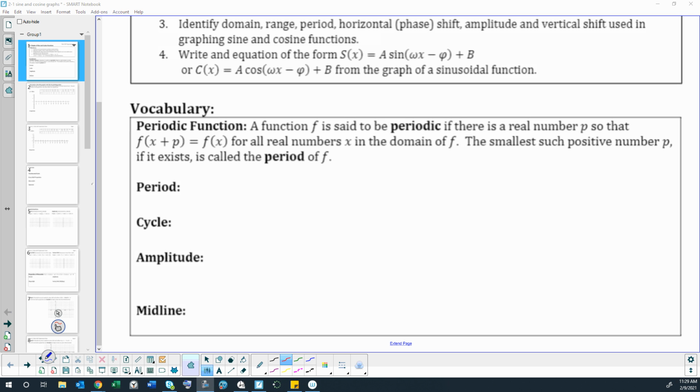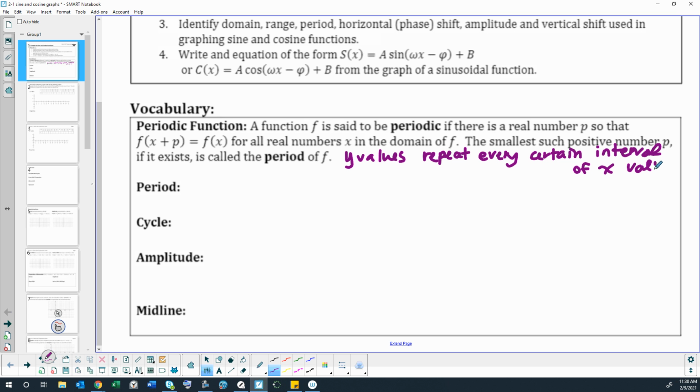So in a nutshell, what that's trying to say is, I'm trying to remember the definition I used in secondary 3 when I taught it. The y values repeat every certain distance, length, interval, I'll say interval, of x values.